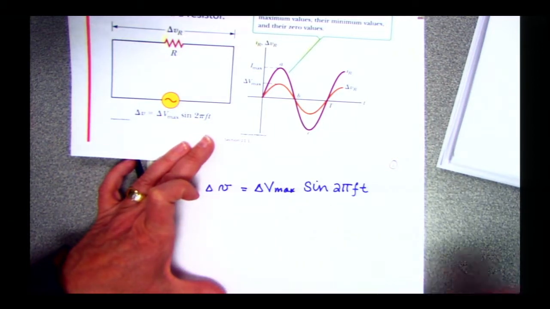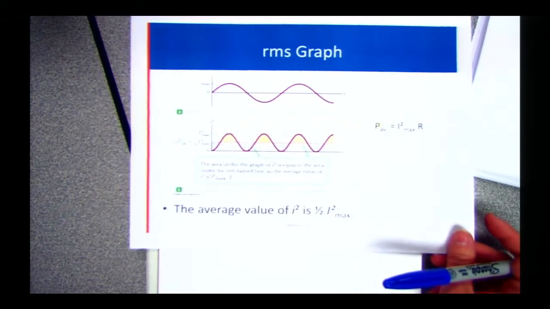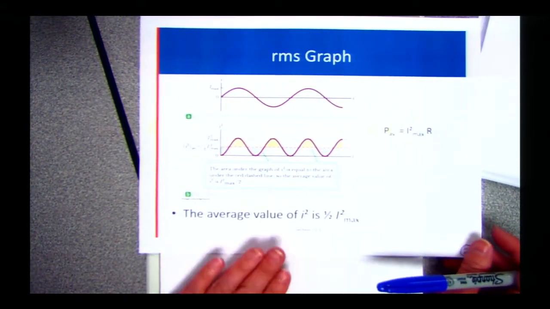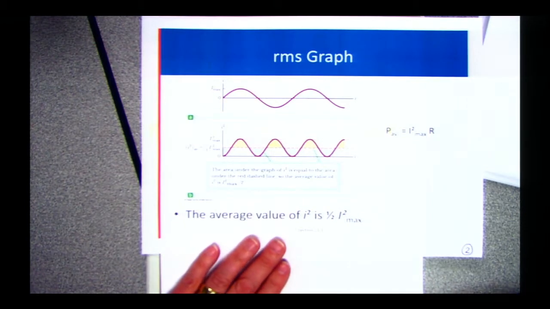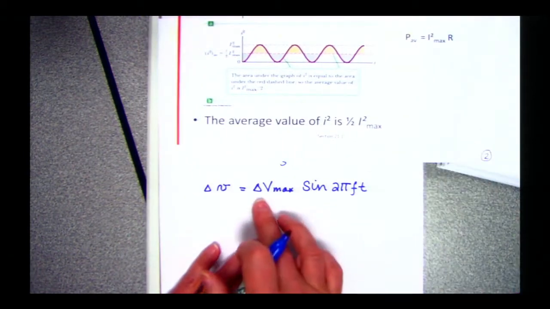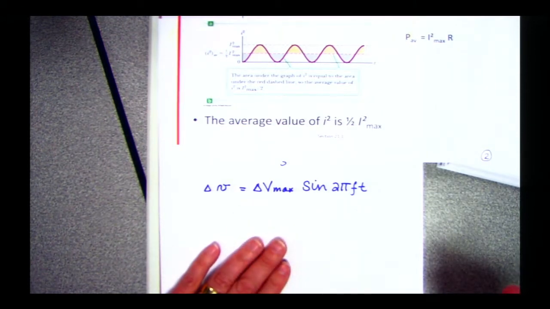And we will end up looking at power. So we're going to talk about what we call the root mean square. Because essentially, if I'm running a hairdryer, or my toaster, or my refrigerator, it doesn't necessarily see this voltage. It's going to see more of an average voltage.